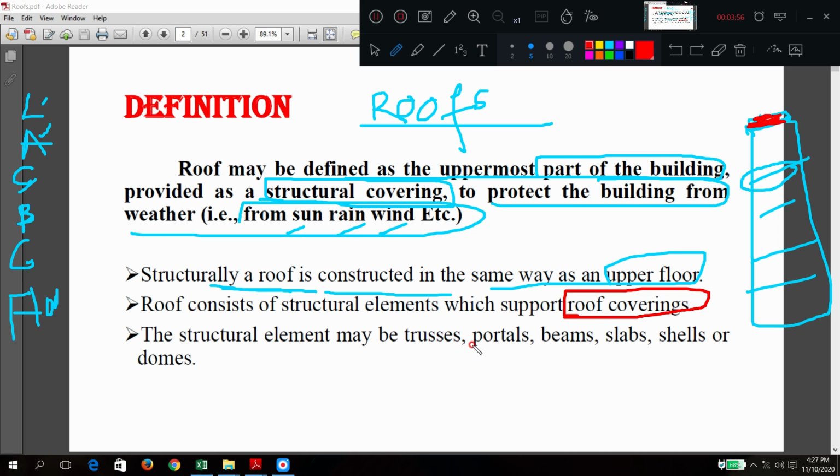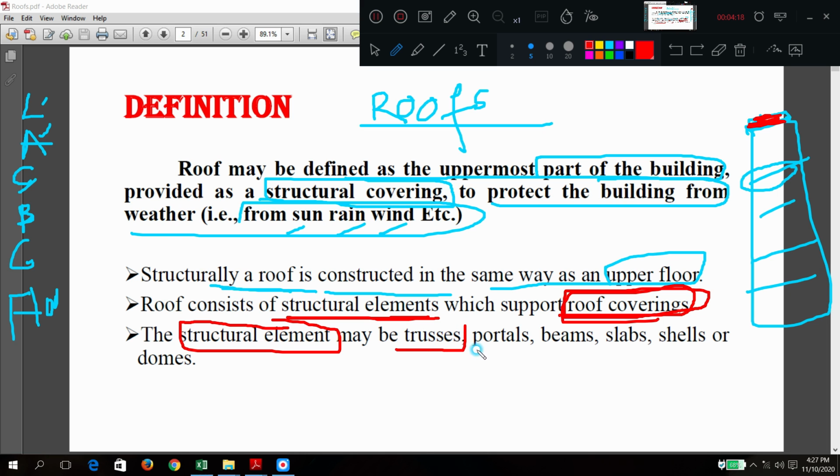So there will be structural elements which act as a skeleton, and apart from that, they have roof covering. Two things are there.